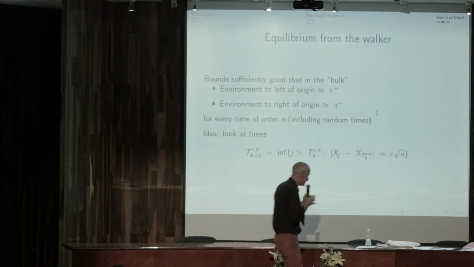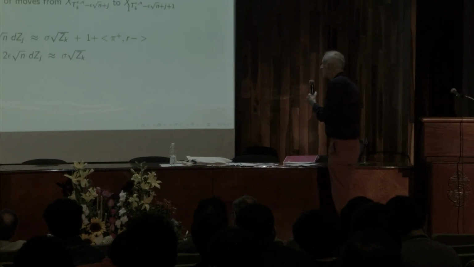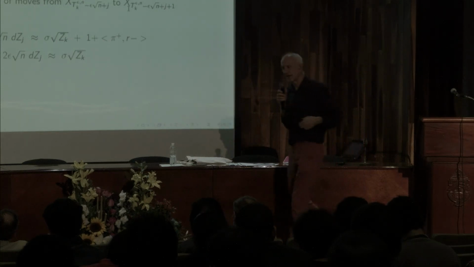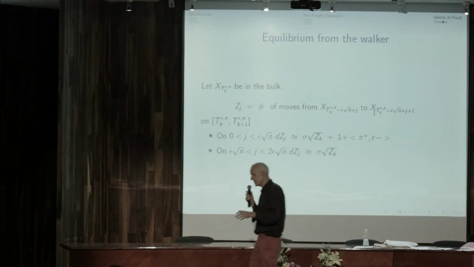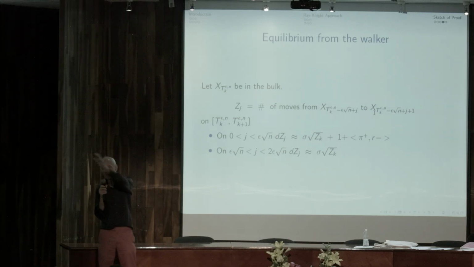This is a very natural thing to do, okay? And the point is, I'm just going to look at this when we're in the bulk. There's something else to do at the edges. By the bulk, I mean your walker is more than epsilon square root of n away from the maximum or the minimum, okay?